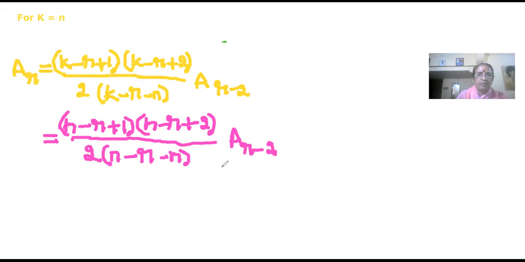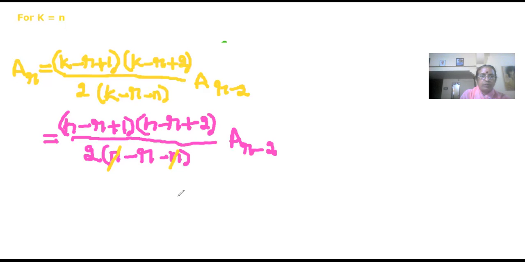I hope that is clear. So both the terms get vanished, this term and this term. So what do you get? Minus 2R we are getting. So this is going to be the final answer, that is AR equal to, finally we have to remember this.